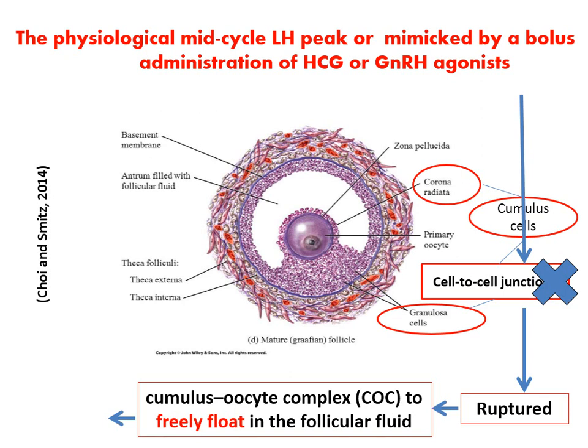This complex is freely floating inside the follicular fluid, and when we introduce our aspiration needle via sonography, we can aspirate this complex via the needle from the follicular fluid. So at the development stage, the cell-to-cell junctions are very tight, but at the time of ovulation, these tight junctions become loose and the complex becomes free.